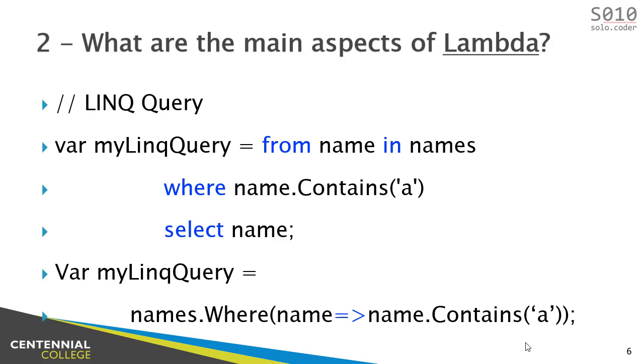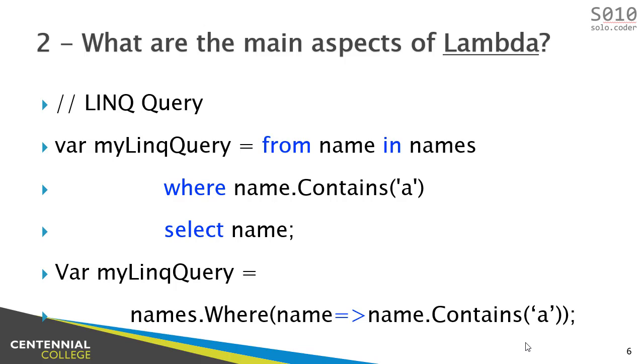So this is an example. This is a LINQ query. We can say it's familiar to a database. They have the select, they have the where, they have from, they have in. I think all of us can understand this. And this uses the lambda expression.